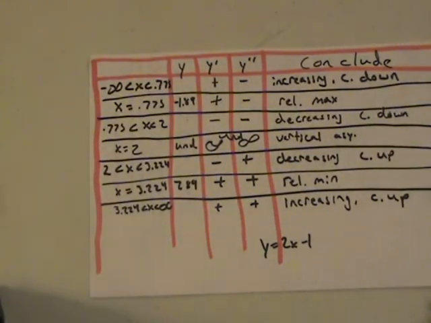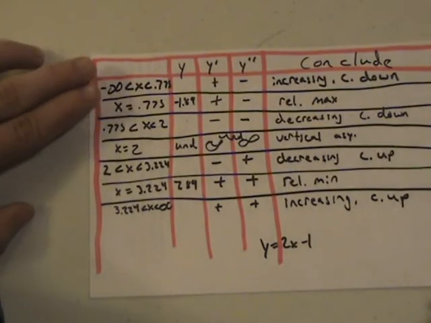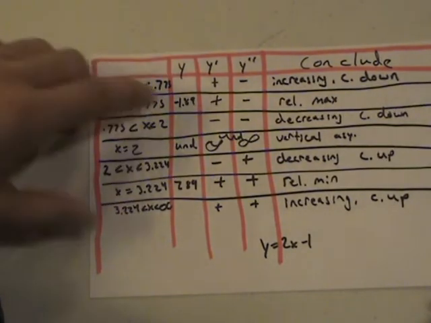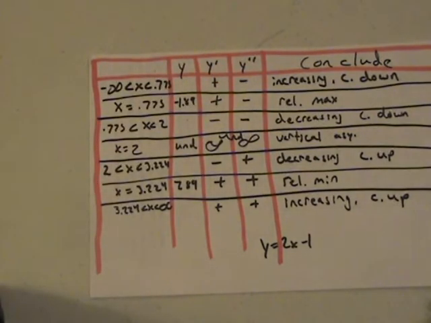So plugging in values like at 0 or negative 1, I found out that the first derivative is positive, second is negative. That tells us that it's increasing but concave down. And at 0.775, the first function is negative 1, almost negative 2, but that second derivative was negative, so it's a relative max.